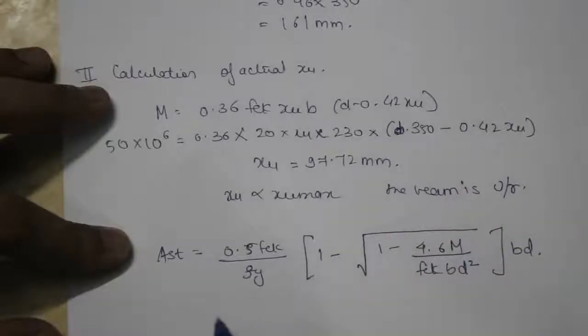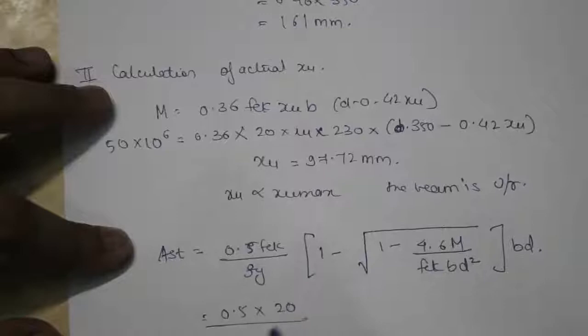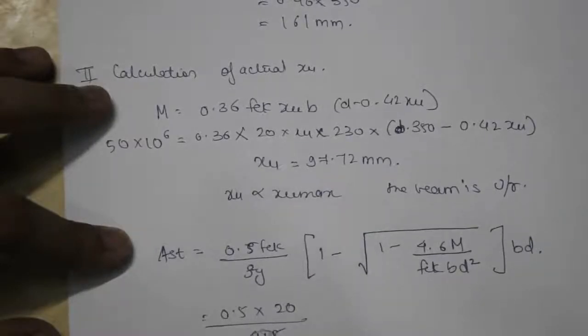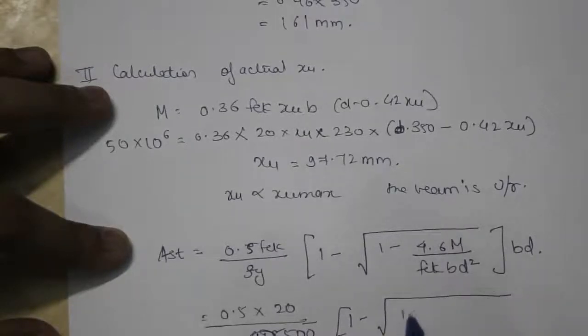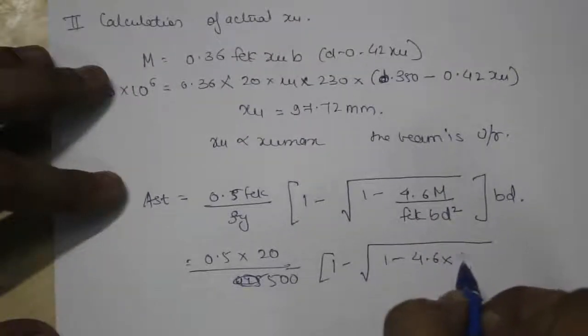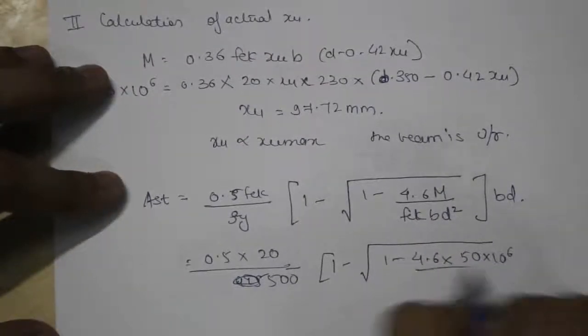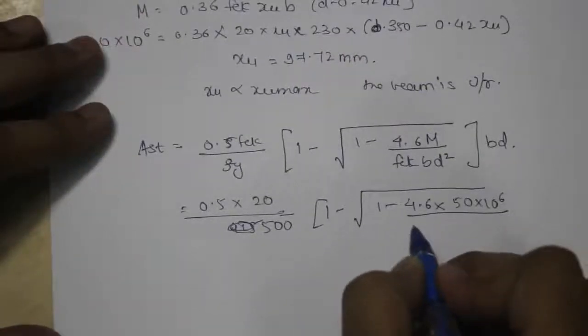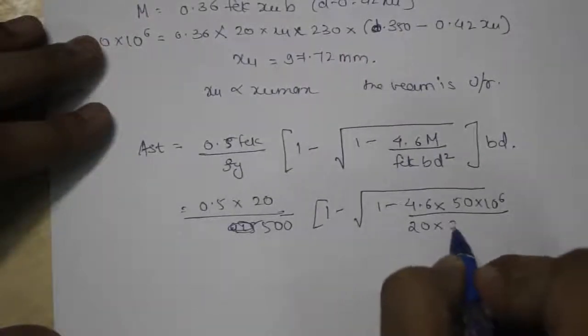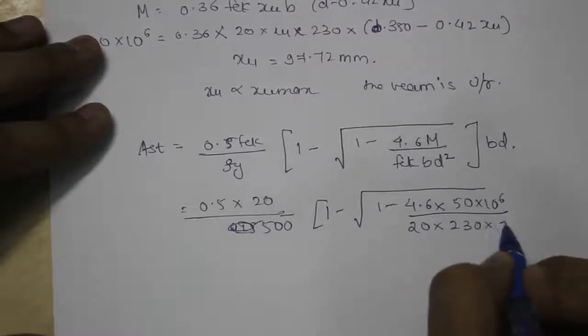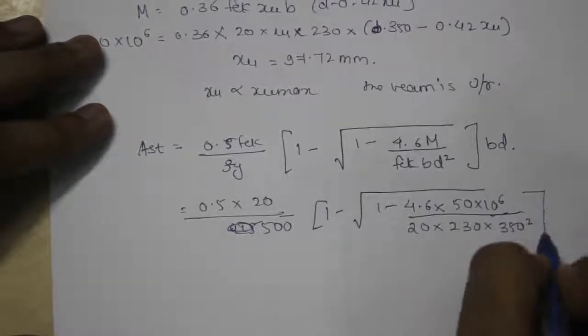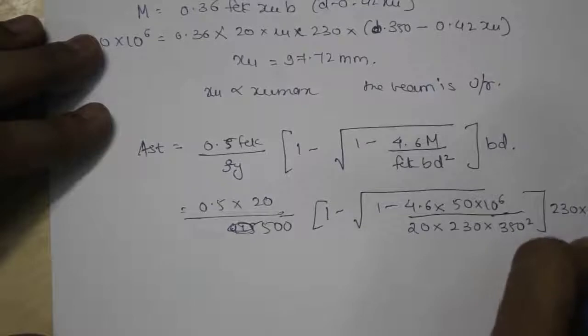So if I plug in all the values from the previous equations, fck is 20, fy is 500, 1 minus the square root of 1 minus 4.6, the value of M given to us is 50 into 10 raised to 6 over 20 multiplied by 230 multiplied by 350 square, multiplied by 230 into 350.